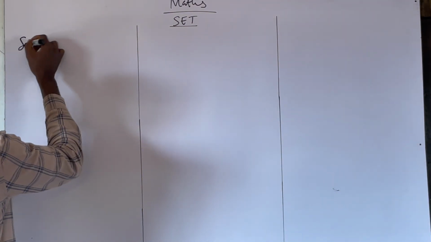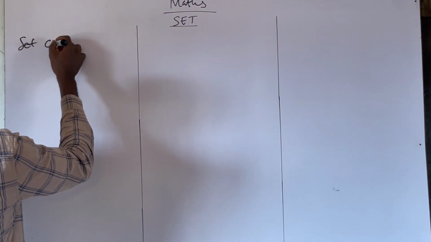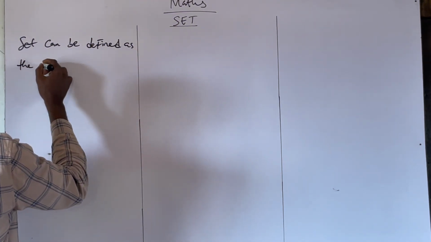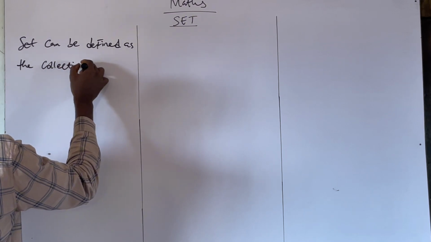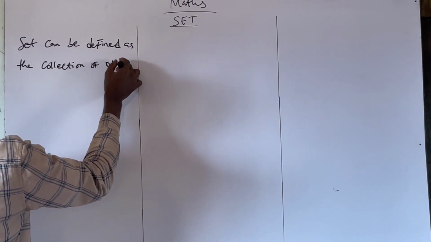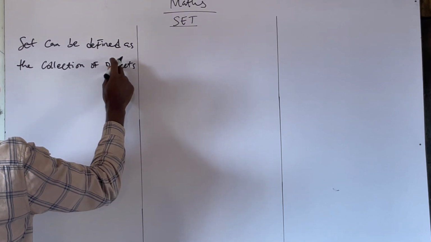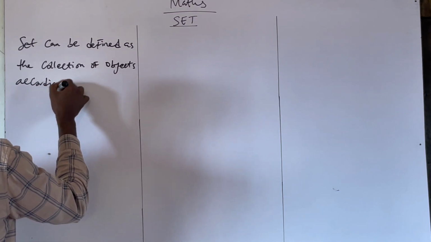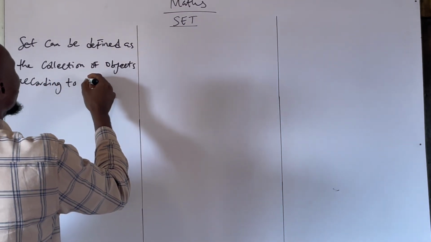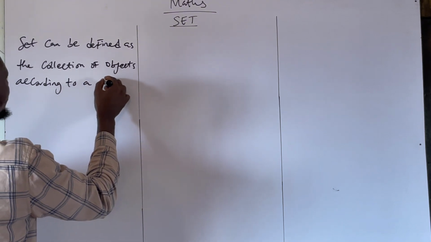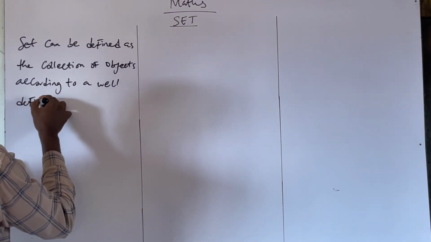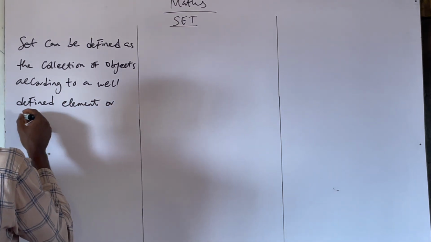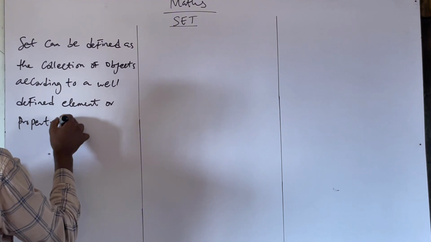Today, first of all, what is a set? A set can be defined as a collection of objects according to a well-defined element or property.